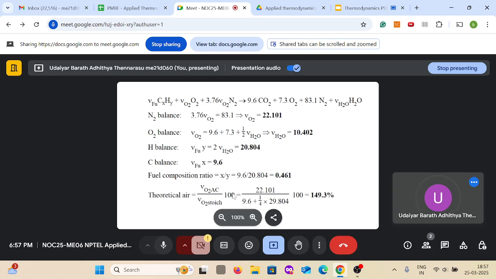This gives you the actual moles of oxygen used, 22.101, divided by the oxygen which would have been required, that is 9.6 plus 7.3 plus half into 10.402.